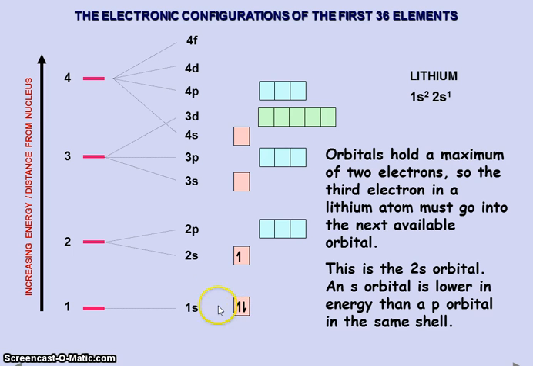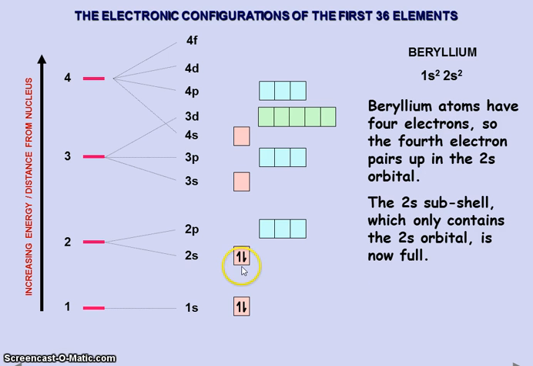When we get to lithium, because the first shell is filled up, we must go to the second shell, and the lowest available orbital is the 2s. So we put one electron in there. Then when we look at beryllium, the second electron to go into the second shell must go into the 2s orbital, because that's lower in energy than the 2p.